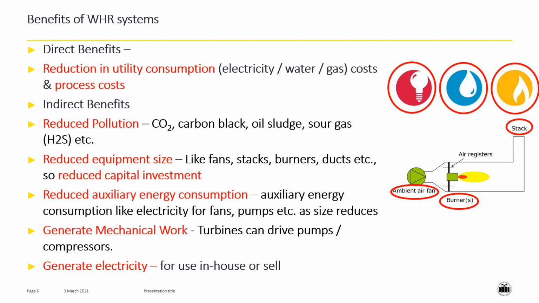There is a reduction in auxiliary energy consumption, that is, electricity consumed by fans, pumps, compressors, etc. We can generate mechanical work using waste heat, like we can rotate turbines that can drive pumps or compressors. Also, electricity can be generated for in-house use, or you can sell the electricity to a neighboring plant, or you can add it to the grid.